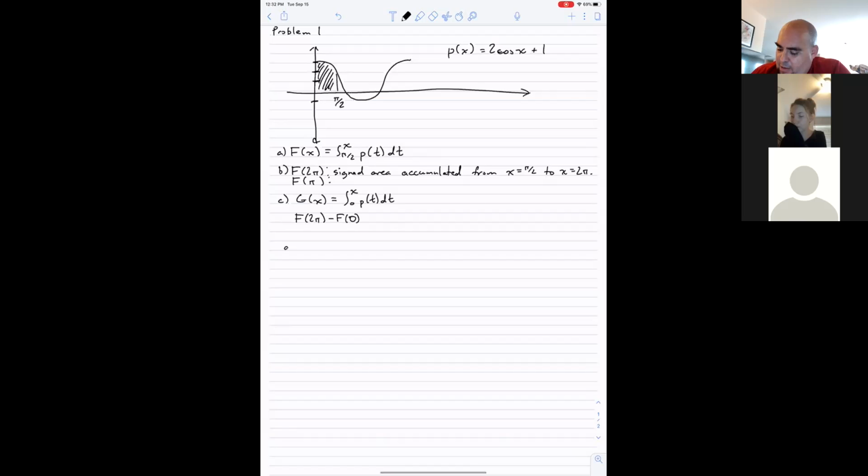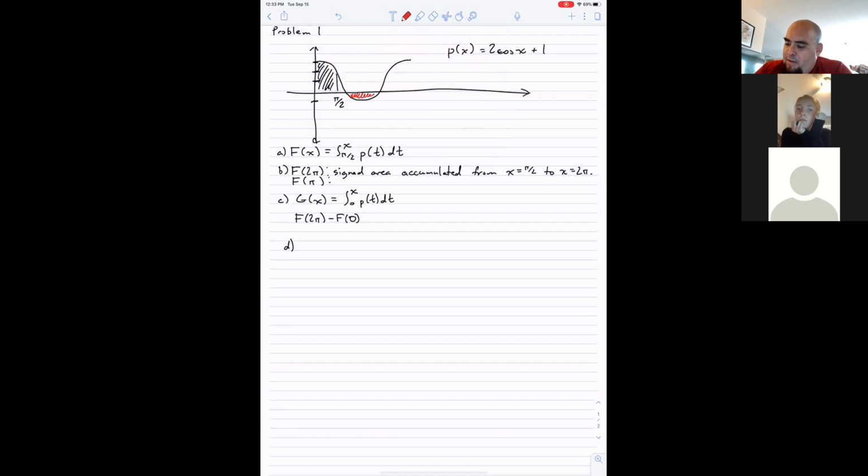And then part D, what was that one asking for? I believe it's asking for the unsigned area, right? The area of the region below the x-axis. Okay, so I want the area down here.